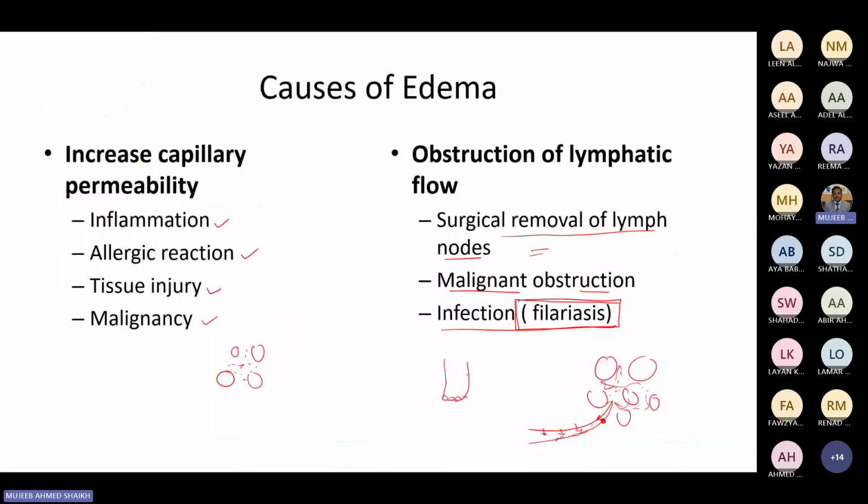So all these are the causes of edema. Whenever a question comes that the person is suffering from edema, you have to think about the 4 different forces.